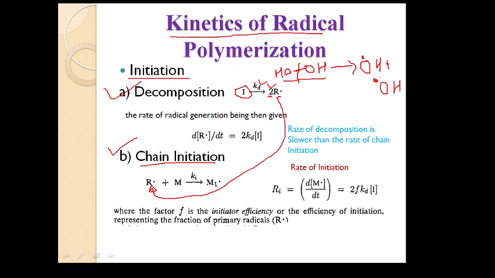So there is a production of a carbon-centered radical over here. In this way, in the chain initiation step, there is a reaction between the radical produced in the first step and the monomer. It is just the shifting of the radical center from the initiator to the carbon atom of the monomer that we choose for the polymerization.